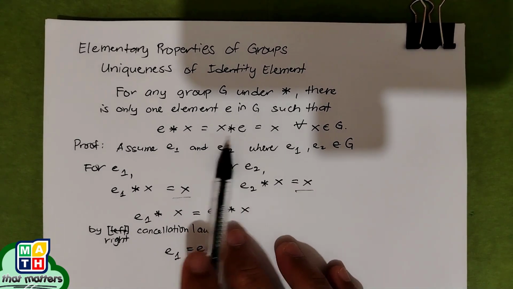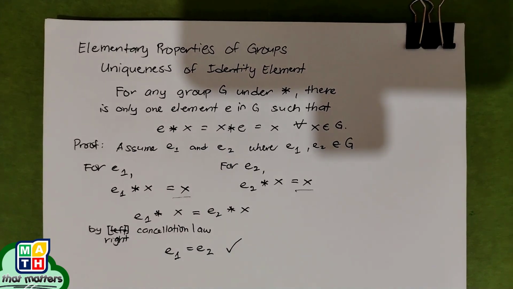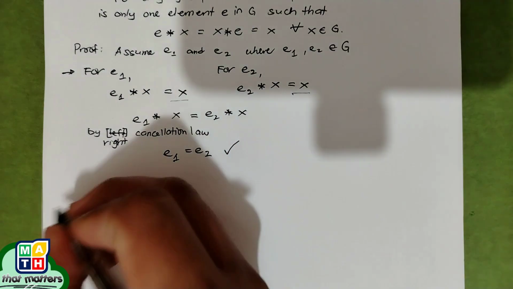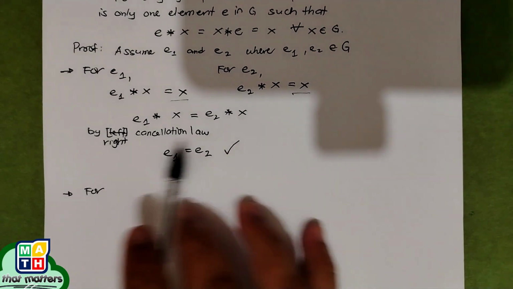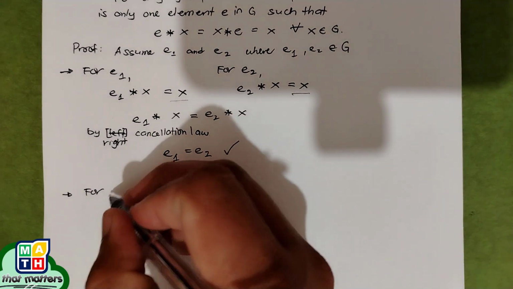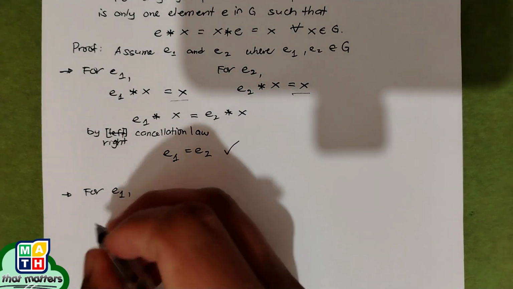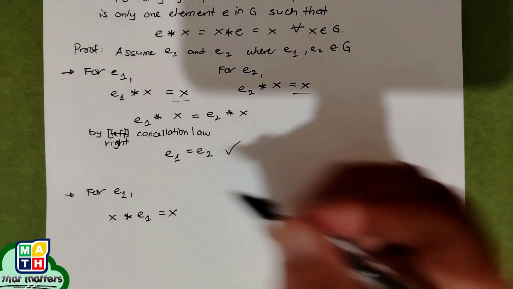But we have another statement for our identity which is stated this way as well. So let's use the same idea. For e sub 1, using the second statement, x star e sub 1 is equal to x.